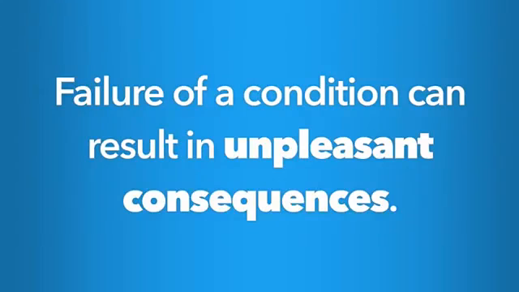Similarly, the failure of a condition may have unpleasant consequences, such as allowing one party to terminate the contract, but there will never be a right to damages because the condition failed to occur, unless a party also promised that the conditional event would occur, but that promise would have to be found in separate language creating a covenant.